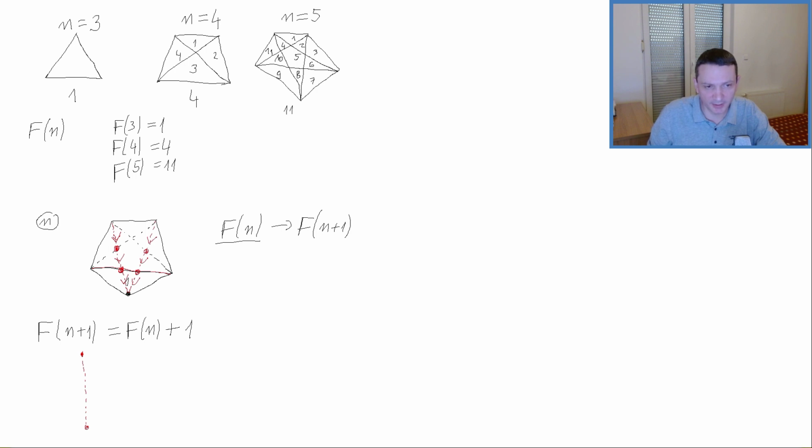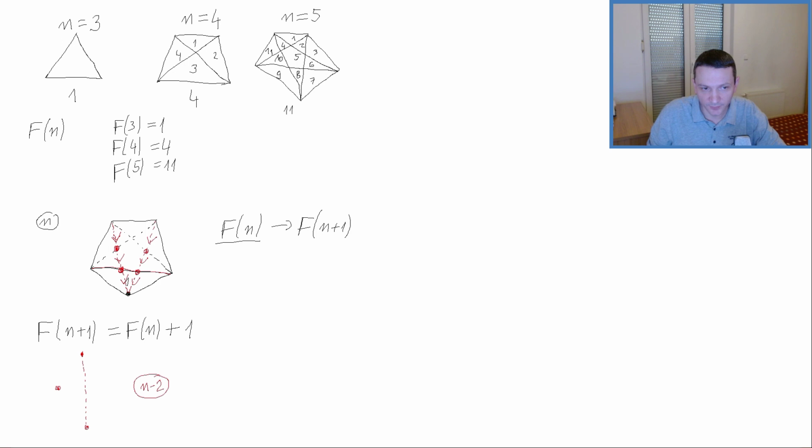I have a certain number of vertices of our polygon on one side of the diagonal and on the other side of the diagonal. If I have only one point on the left side, I will have n minus 2 points on the other side, because the total number of points is n plus 1.